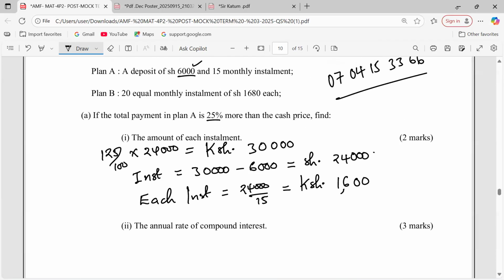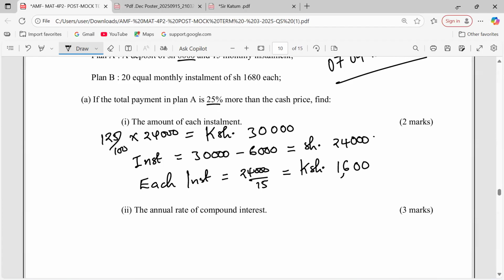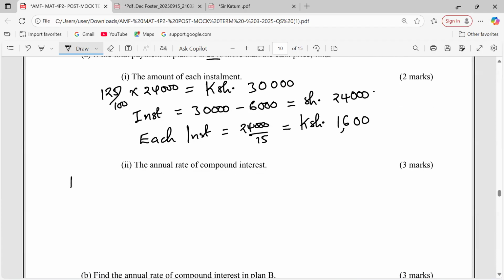So once a down payment in plan A was made, the balance from cash price of 24,000 after making a down payment of 6K, this balance becomes our principal, and it's what shall earn interest now. The 18,000 that we are getting here, this is what shall earn interest. So technically this is now our principal.